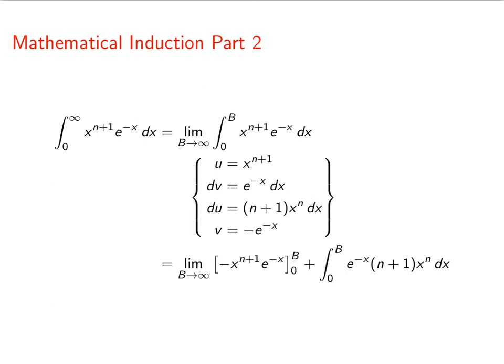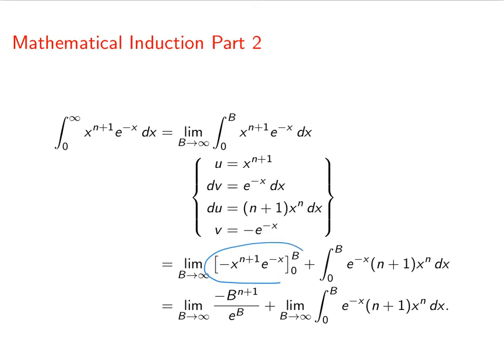And then we have v du, and that's what goes in here. And now when we plug in the b and the 0 for the first term, we end up getting this. We'll talk about that in a moment. And then we can spread this limit to both terms here. And so let's talk about each limit separately.